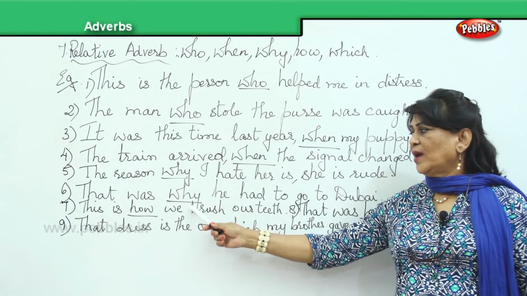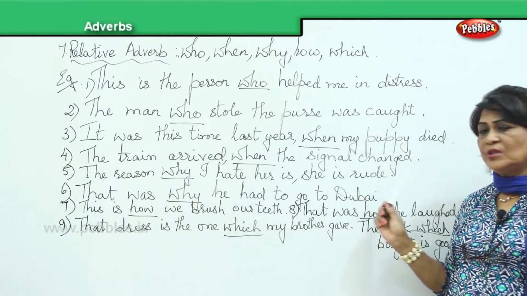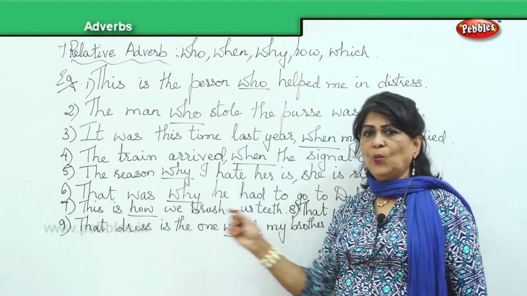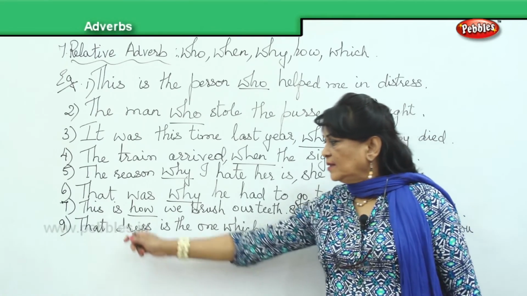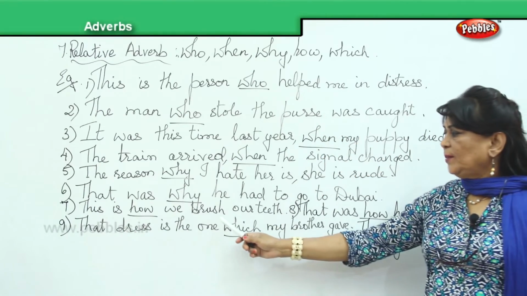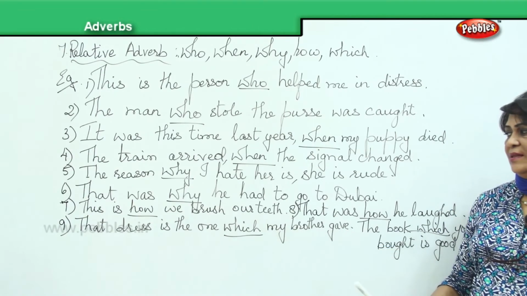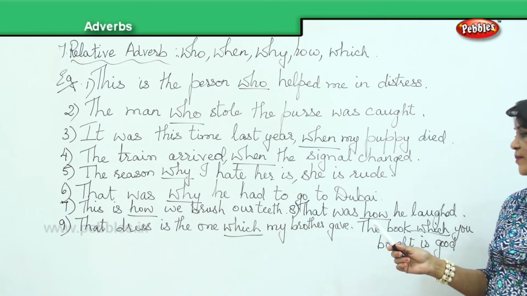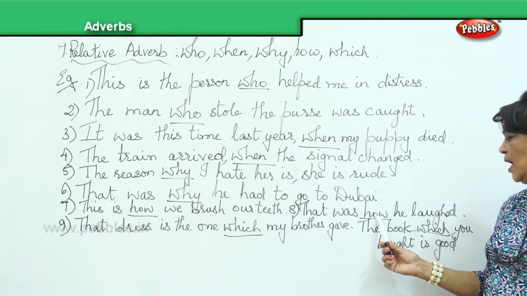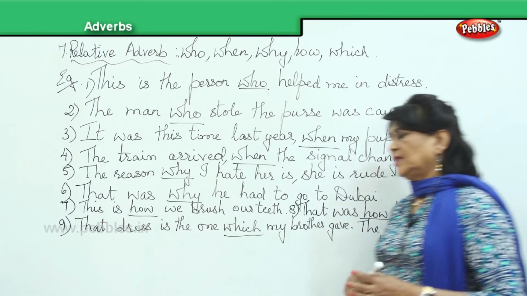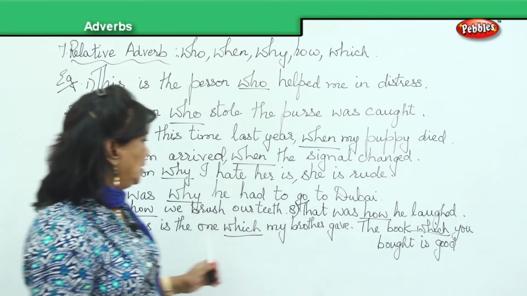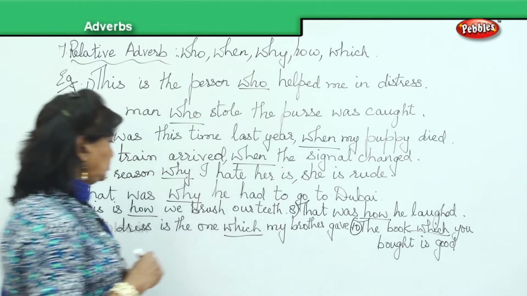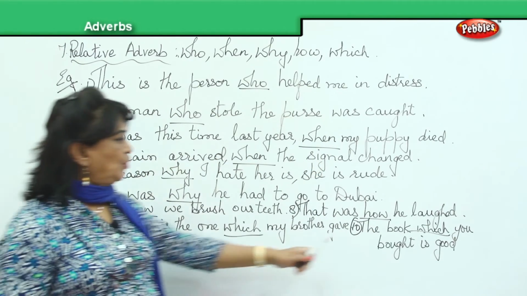So we have two examples for why. This is how we brush our teeth. That was how he laughed. So we have two examples for how.